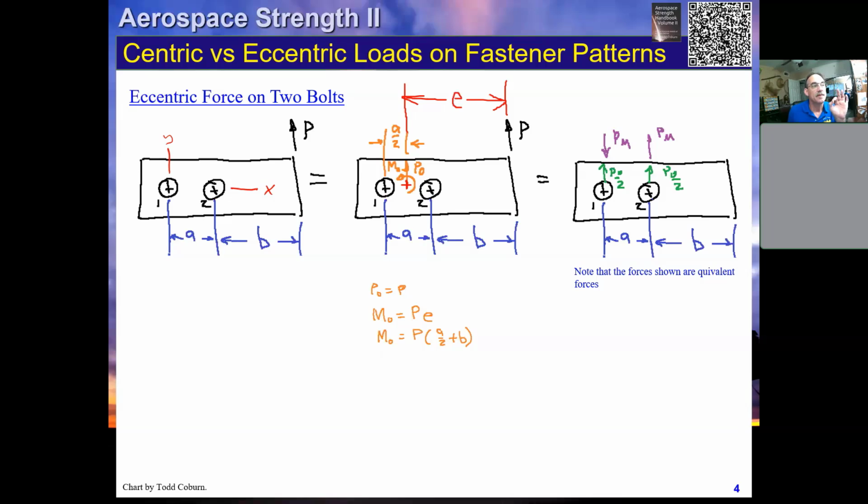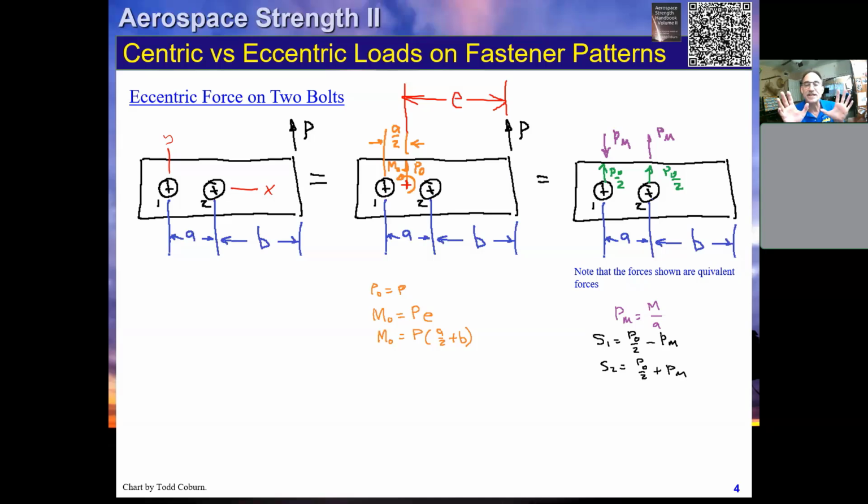We have this P0 distributed P over 2 to each fastener, and the PM, the force due to the moment, is just a couple. When you add these two together, you get the total force on each fastener. So S1 is going to carry P over 2 minus PM, and S2 is going to take P over 2 plus PM. You guys got that idea?